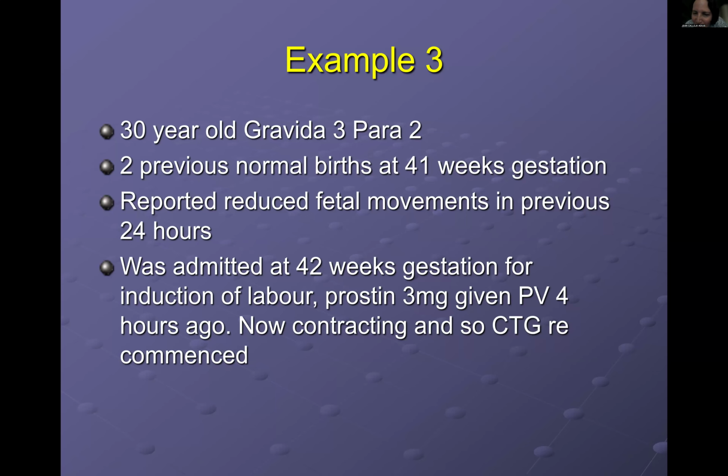So we've got Florence. Florence, can you hear me? Yes, thank you. You can unmute, and we'll go through this case together. I can hear you, but my background is a bit noisy.